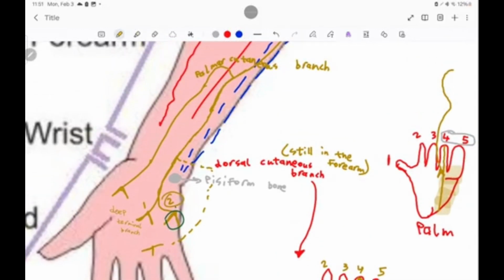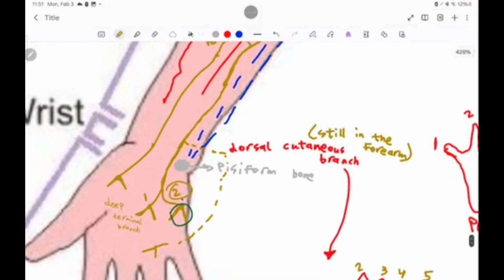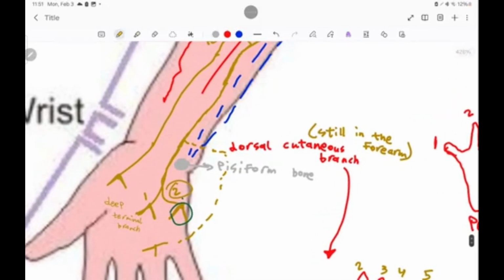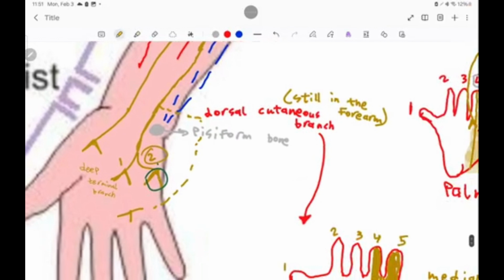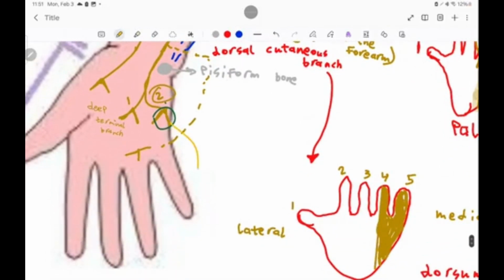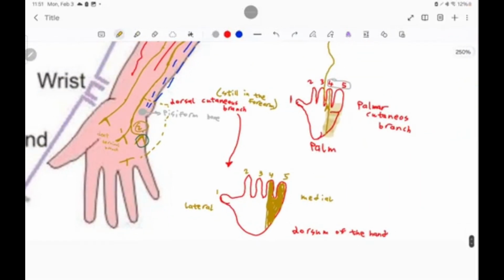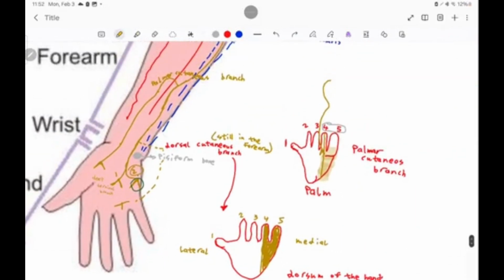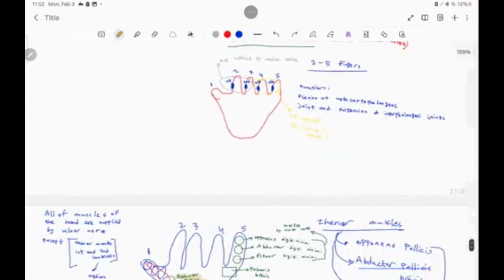And we said the dorsal cutaneous branch, we lost it. We said the superficial terminal branch supplied the dorsal aspect and the palmar aspect of the fingers. These are 3 nerves, 3 branches to supply this area. We completely lost it.